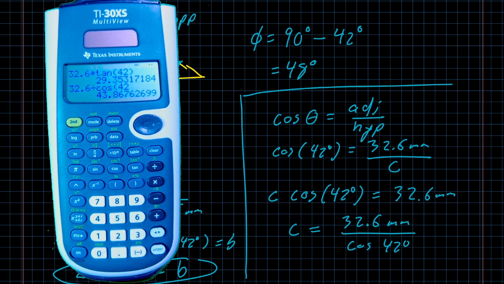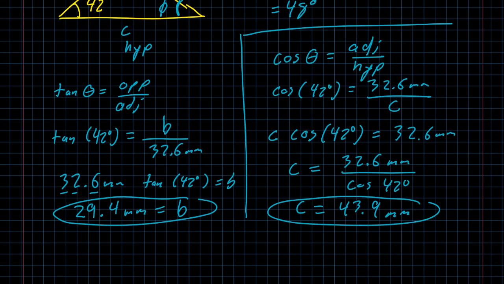My calculator tells me that the result here is 43.86, etc. But again, three significant digits, so I'm going to round that and call it 43.9 millimeters. All right, so there we have it. There are the two unknown sides of the triangle solved using trigonometry.